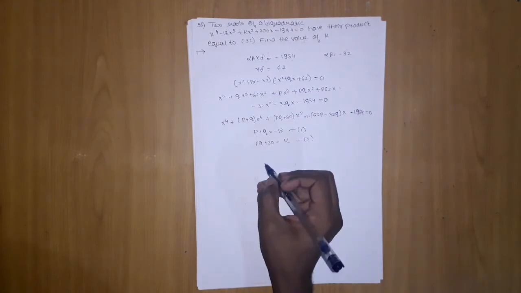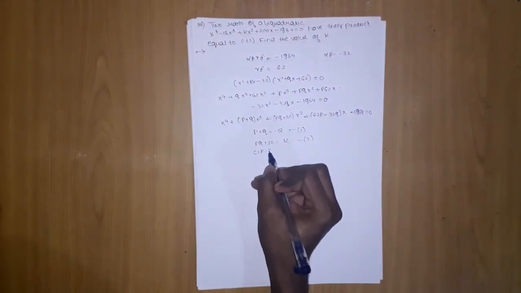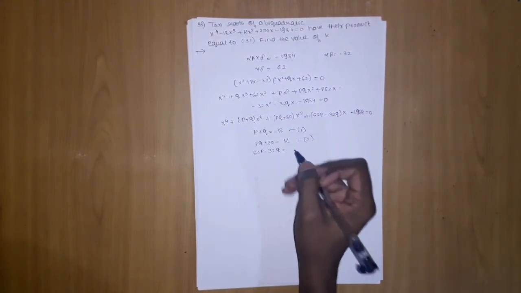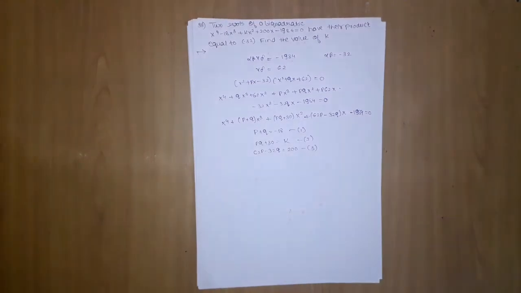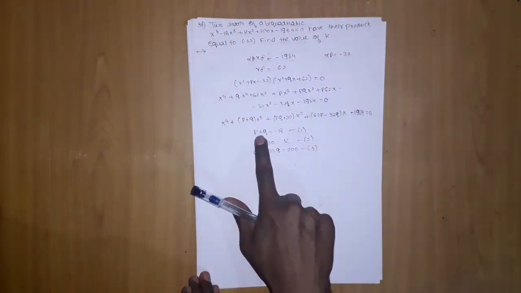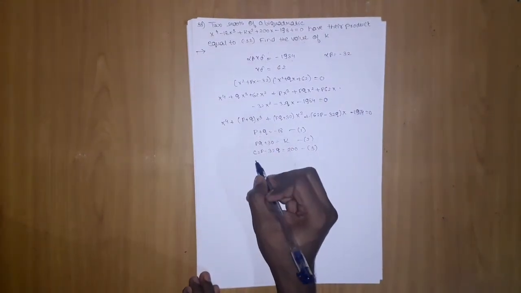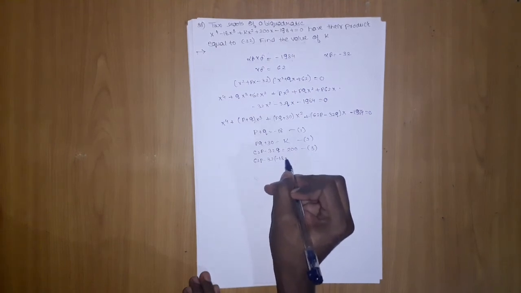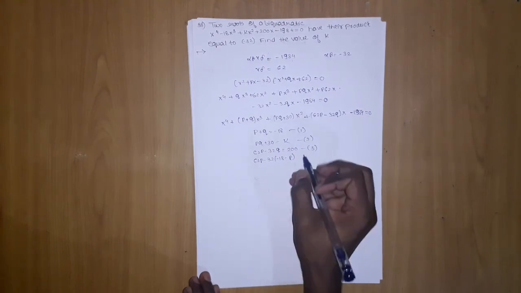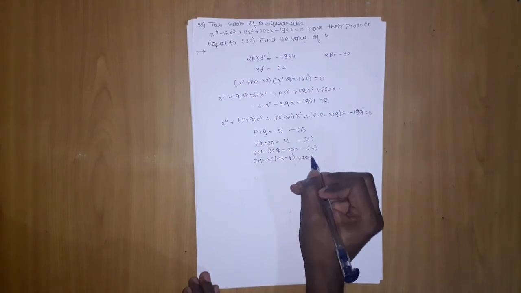And the third equation is 62p minus 32q should be equal to 200. This is 3. Now if I put the q value, I get 62p minus 32 into minus 18 minus p equals 200.